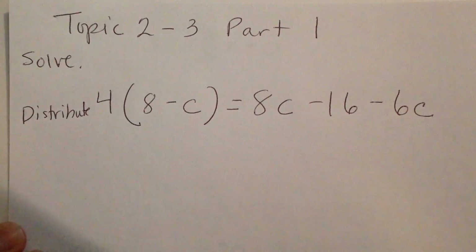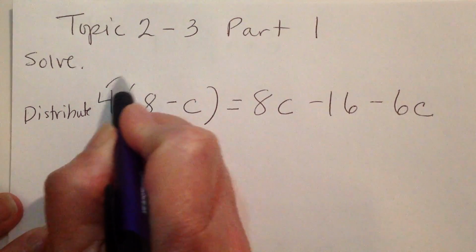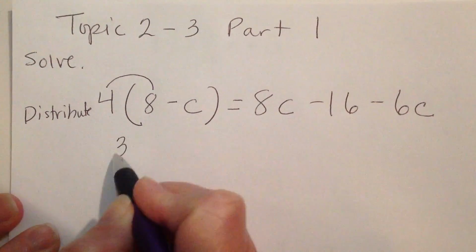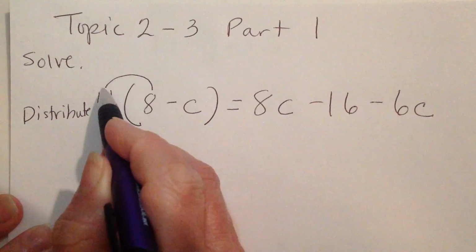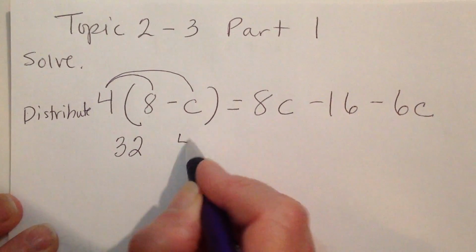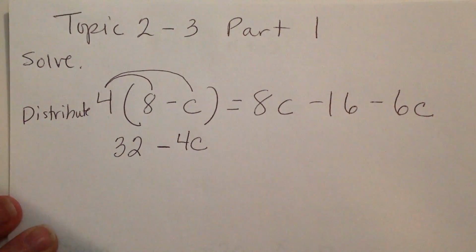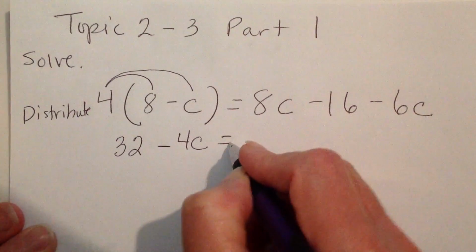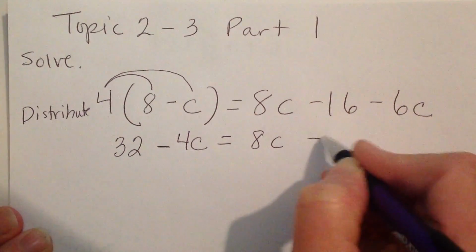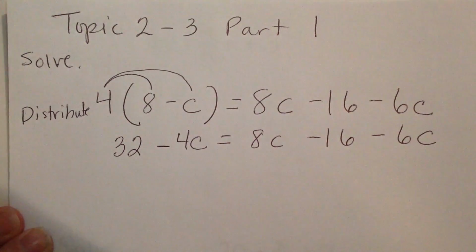Anytime that you can distribute, that is your first step. So we'll say 4 times 8 gives you 32, and 4 times C gives you 4C, using the minus sign in between, equals 8C minus 16 minus 6C.